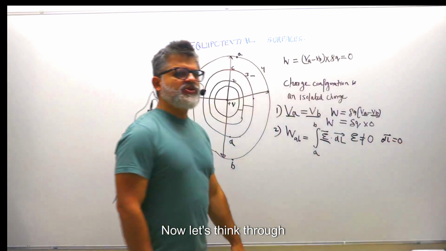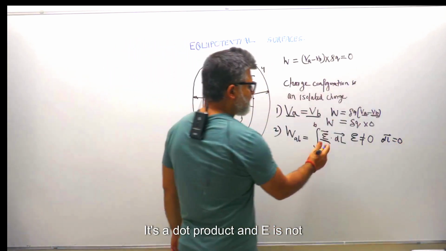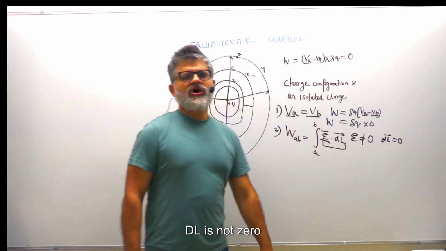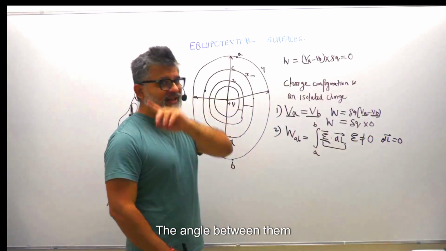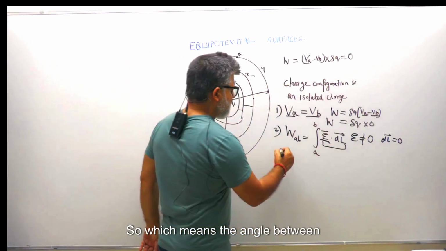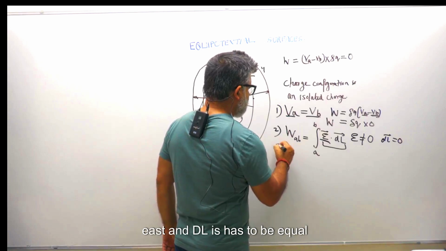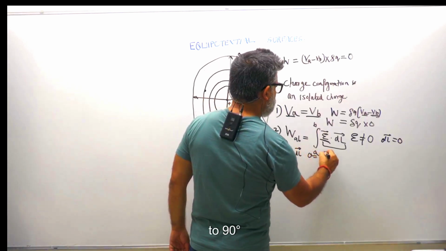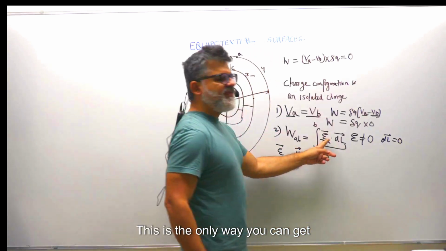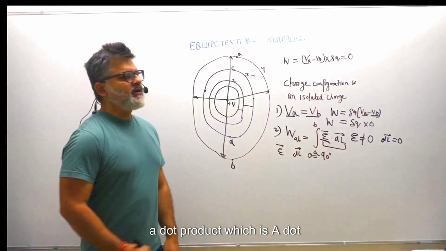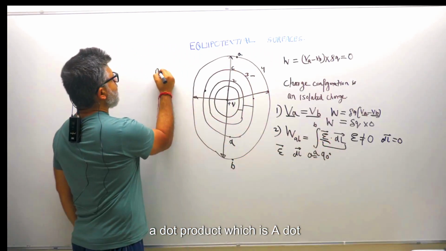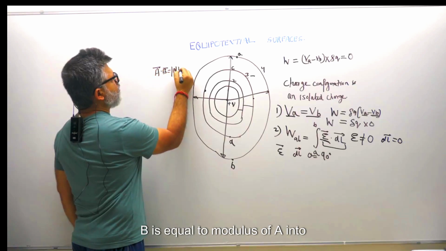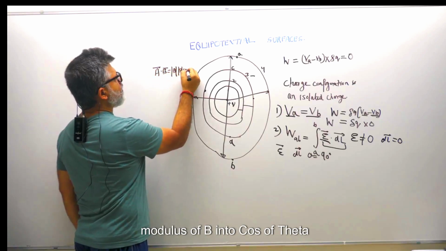Now let's think through. It's a dot product and E is not 0, dL is not 0. What is 0? The angle between them. So which means the angle between E and dL has to be equal to 90 degrees. This is the only way you can get a dot product, which is A dot B is equal to modulus of A into modulus of B into cos of theta.